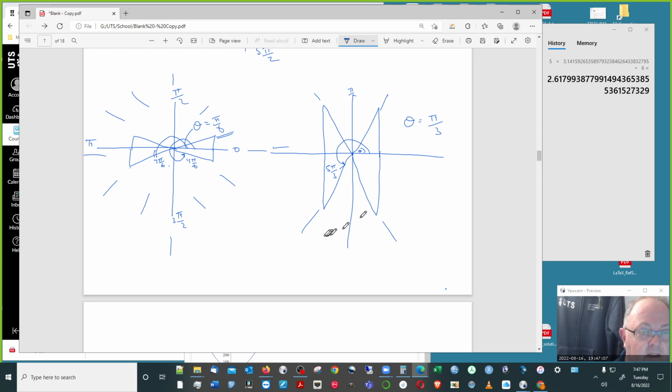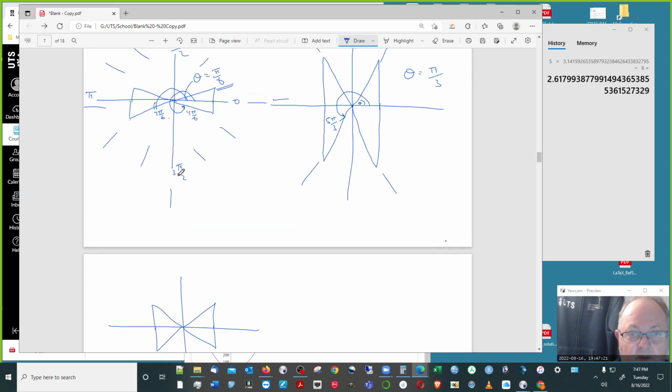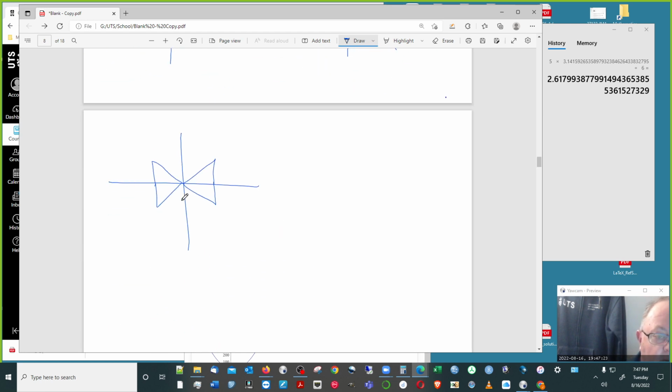It's not hard. And for the 45 degree ones, same thing. Now these are the 1 on root 2s. They were the root 3 on 2s and the halves. These are the 1 on root 2s. 45 degrees, 90. So we can count 90 plus 45, 135, 180, and so on and so forth.